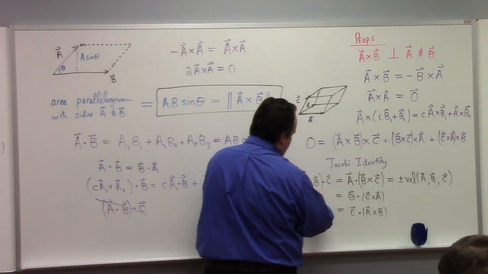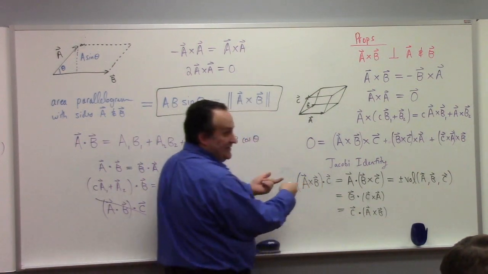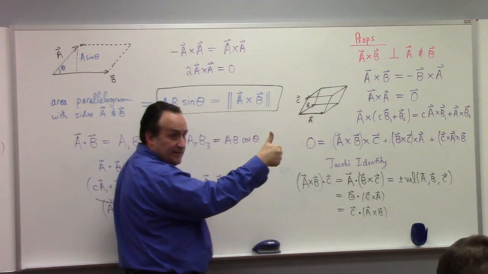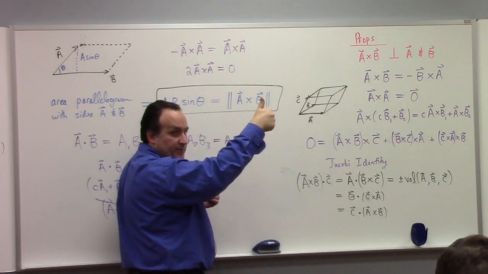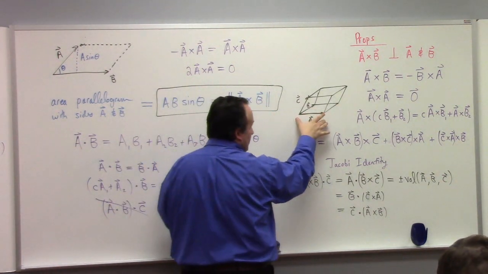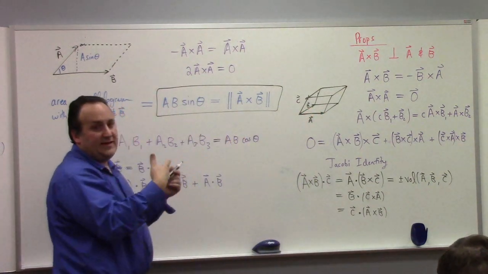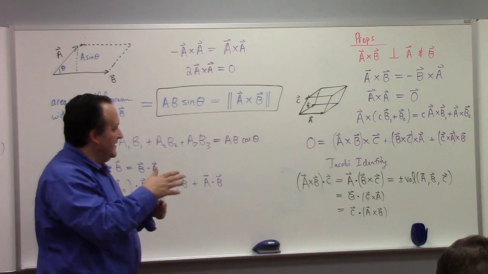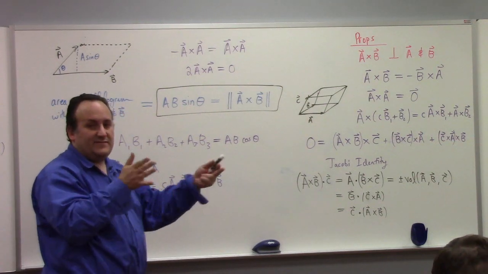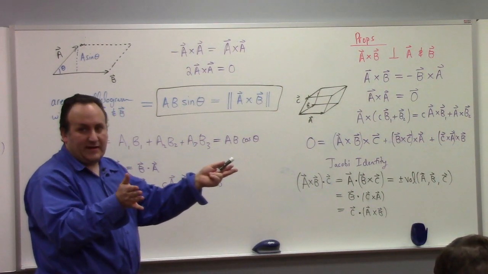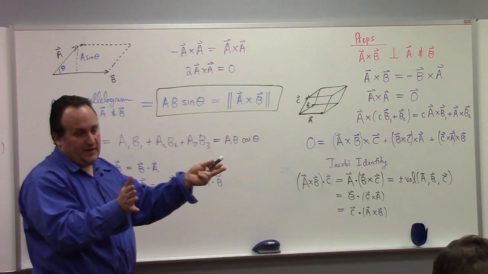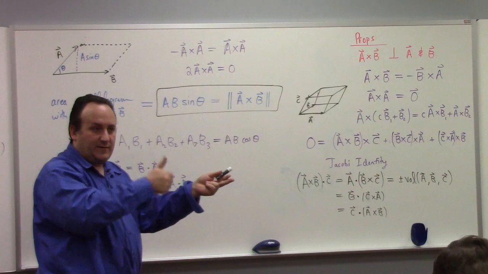So when is A cross B dot C going to be positive? Think about it. If you take A cross B, my thumb is upward. So for the pictured one, A cross B dot C would be positive. The reason is that C is on the positive side of the plane defined by A cross B. If I have A and B in that order and I take their cross product, that defines an upper direction.